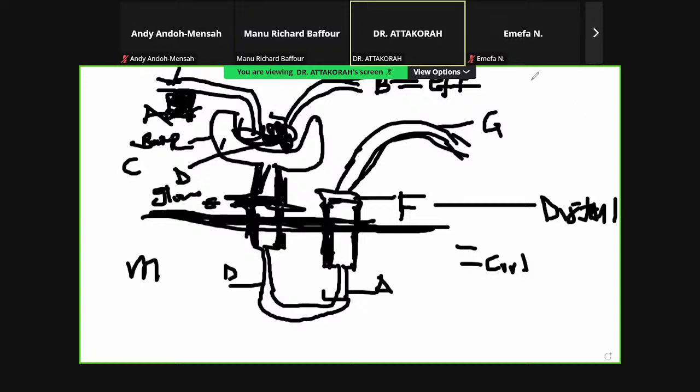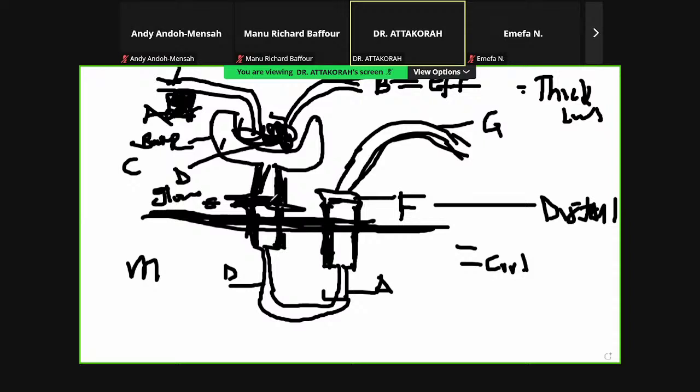So note these things. Very important. The tubes of the nephrons found at the cortical levels are always thick. We have thick loops at the cortical level.